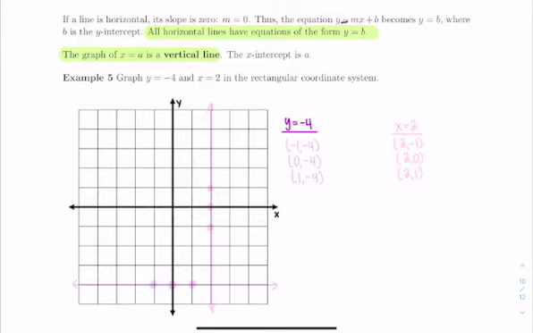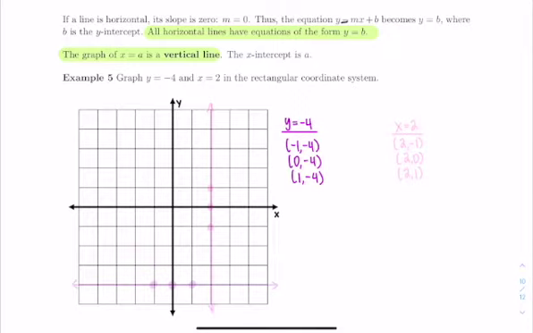It doesn't say anything about what the x coordinate has to be. So I can pick whatever x values I want as long as y is equal to -4. So -1, -4 would satisfy that. 0, -4 would satisfy it. 1, -4. You could have 100, -4. As long as y is -4, then it follows the rule that was given.